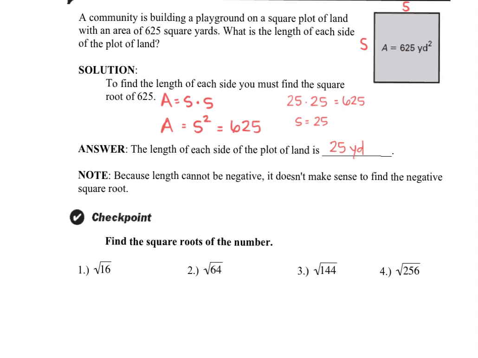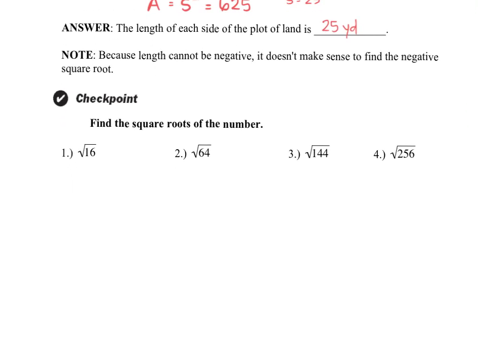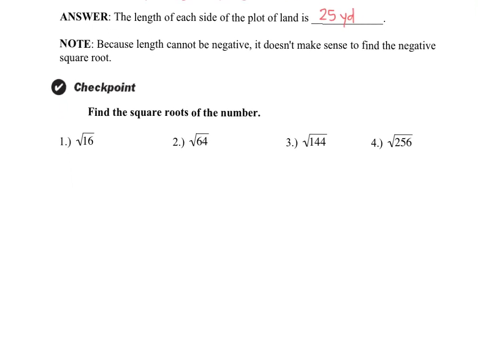All right, let's find a few more square roots. So down below here, I've given you just some more simple numbers. So what's the square root of 16? Well, first of all, in the directions, it gives you a clue. It says find the square roots. All right, here's our little English lesson. That is a plural word. So that means there has to be more than one.